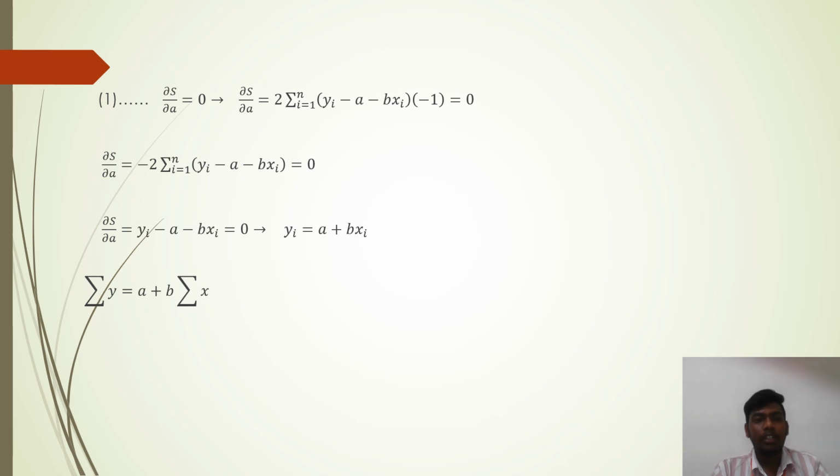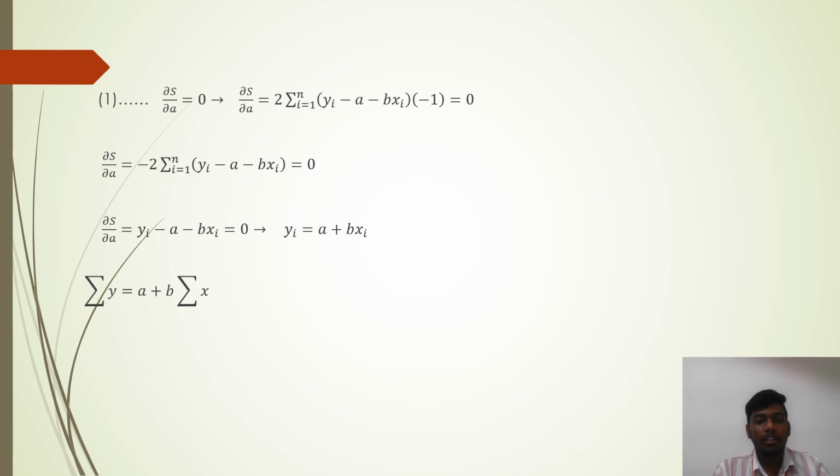Now dou S by dou a: we partially differentiate S of a comma b and equate it to 0 with respect to a. Differentiating with respect to a, dou S by dou a is equal to 2 into the summation of i equals 1 to n of (yi minus a minus bxi) into minus 1, is equal to 0.